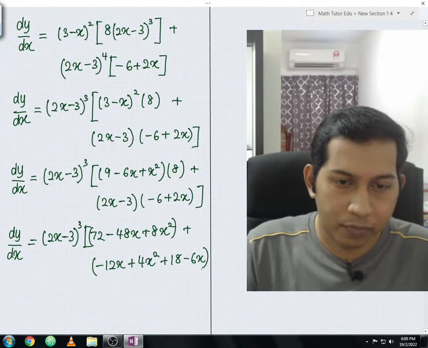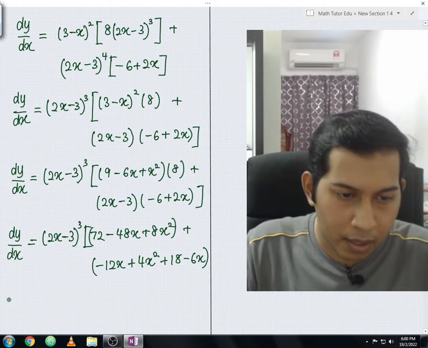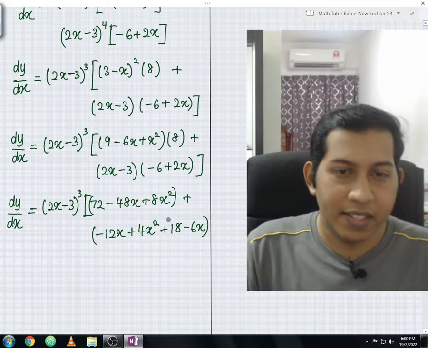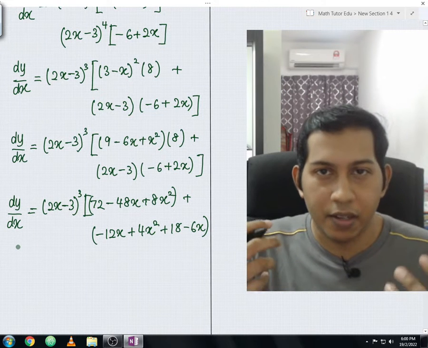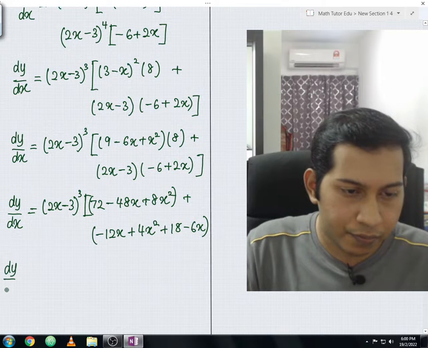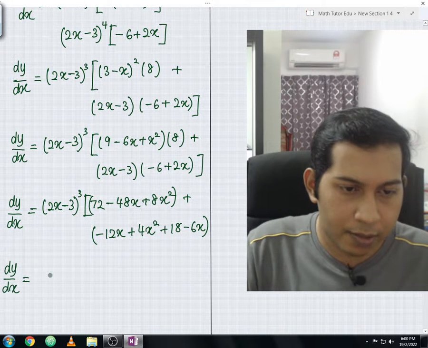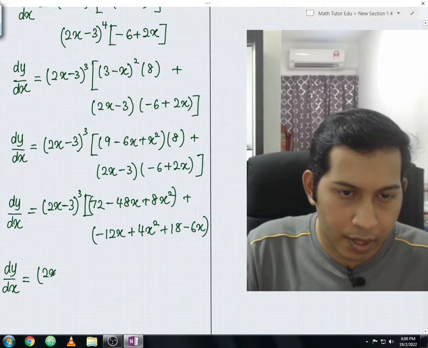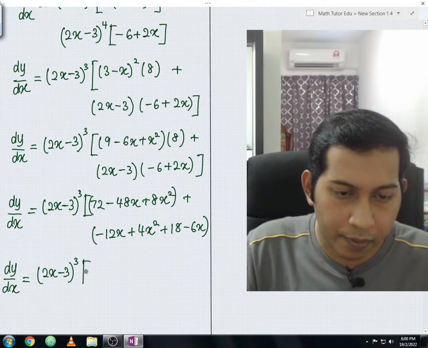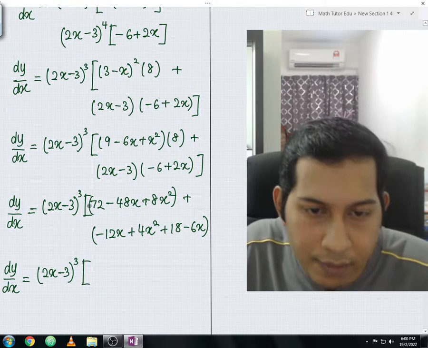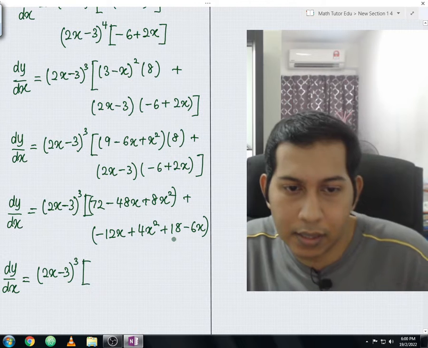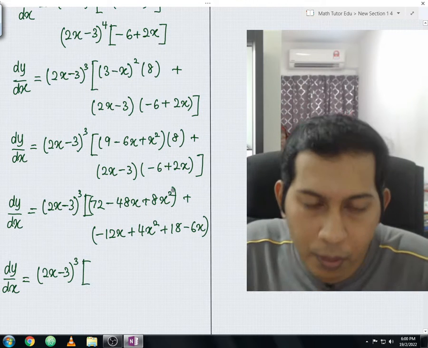So from here, let us solve the inside bracket. I know it's tedious, but it is a hard question, so that is how it should be, guys, when you deal with a hard question. So dy over dx equals to 2x minus 3 cube. So from here, let us solve the inside bracket. So 72 plus with 18. Is there any number over here?